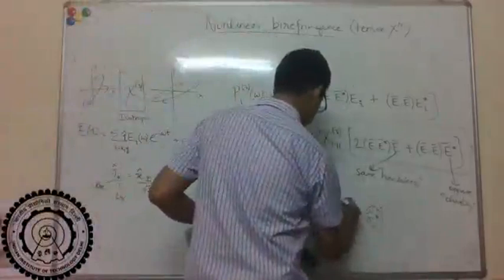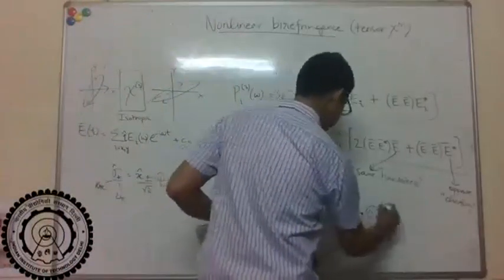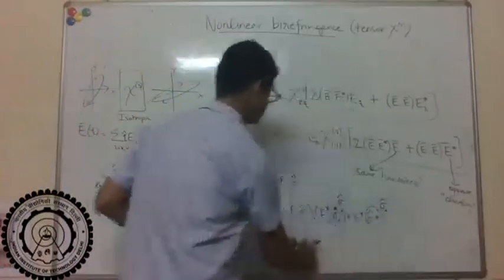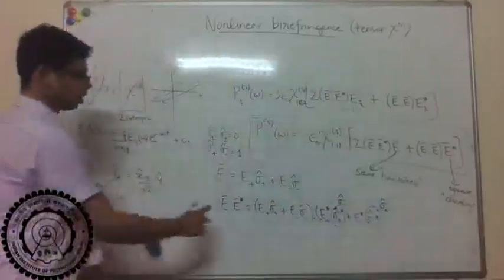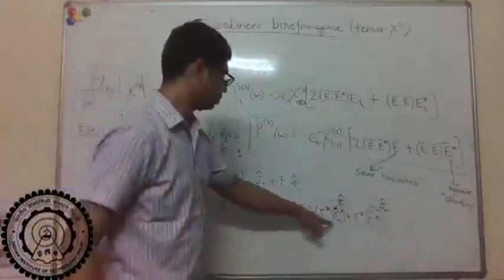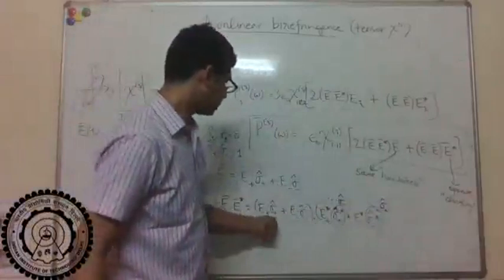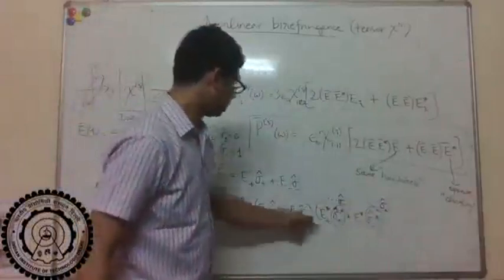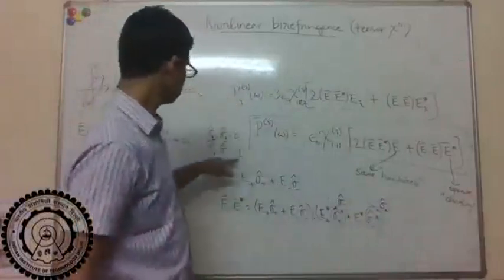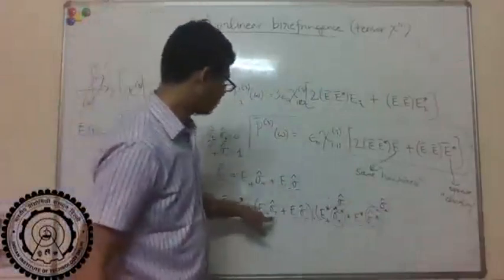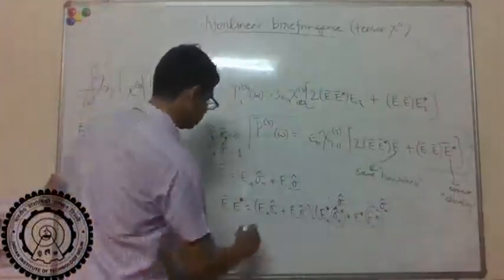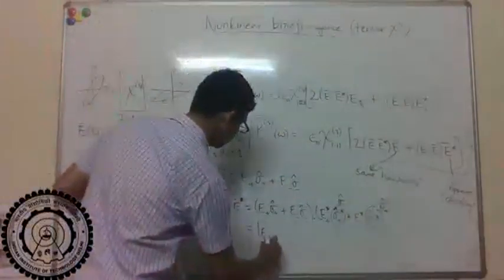So now this is sigma minus, and this is sigma plus, right? So the terms that will remain here are the cross terms, right? So sigma plus dotted with sigma minus, that is 1. So E plus conjugate will give me mod E plus square.